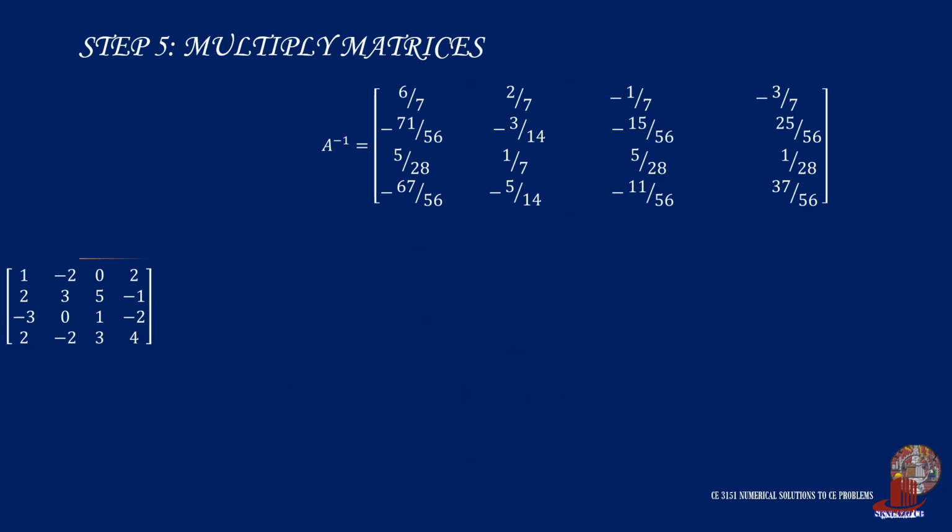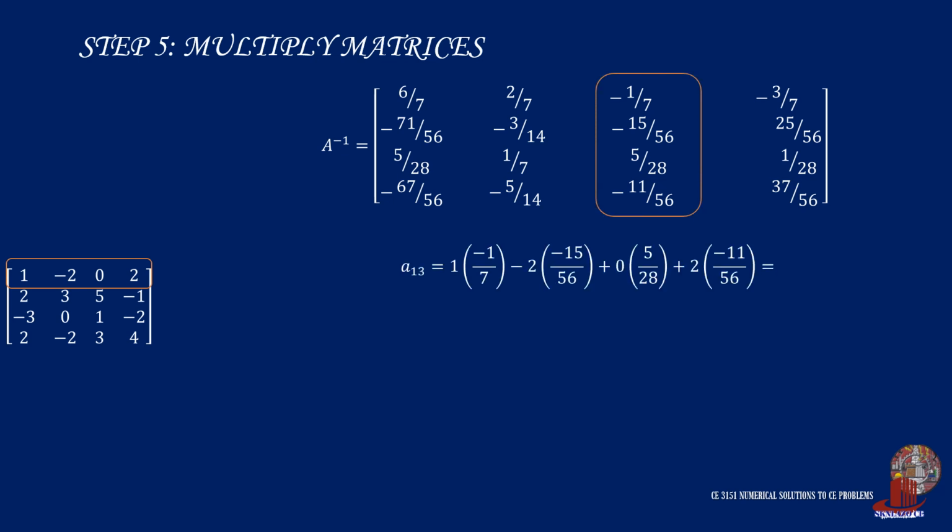We are almost there, so continue with the third column, and from the first row, element A13 is then 1 times negative 1/7 minus twice of negative 15 over 56 plus 0 times 5/28 plus 2 times negative 11 all over 56, which results to 0.